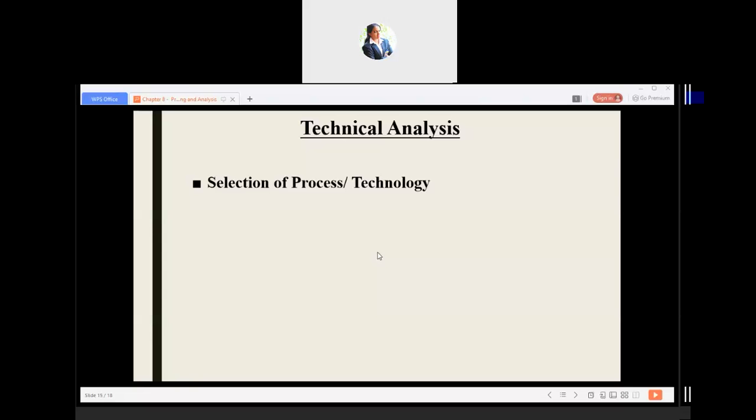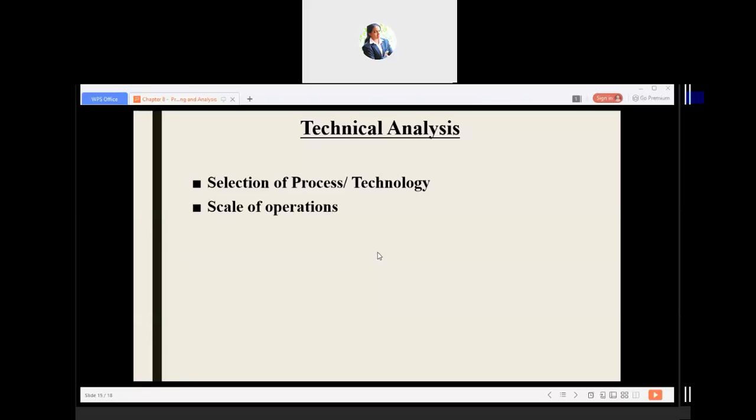Now even within a country, depending upon the location of the project and the other features, two different technologies may be ideal for two similar projects set up by two different firms at two different locations. Now, the choice of a suitable technology for a project always calls for identifying what is called appropriate technology. Now, the term appropriate technology refers to technology that is suitable for the local economic, social, and also cultural conditions.